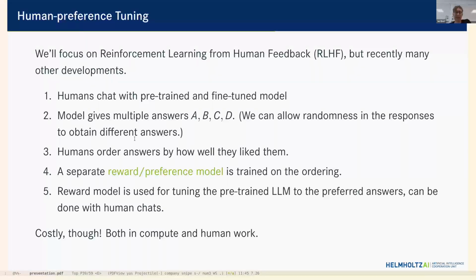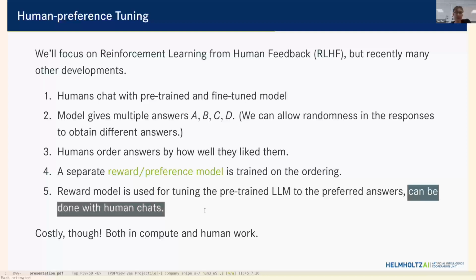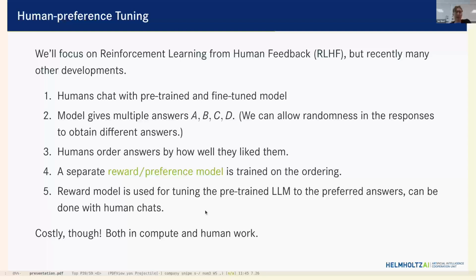And this training can also be done while we are chatting with the LLM, actually. So the humans can still chat with it, and then this reward model will evaluate which of the answers of the large language model was best, and kind of steer it towards answering more like this preferred answer. This step is very costly though.